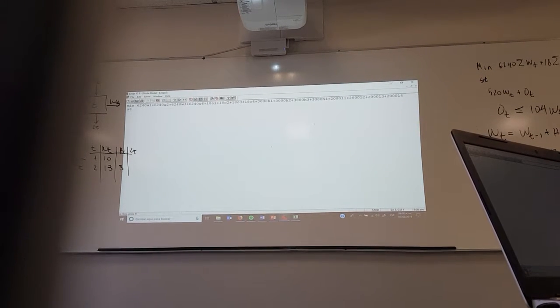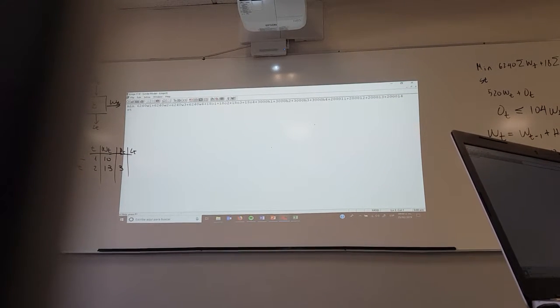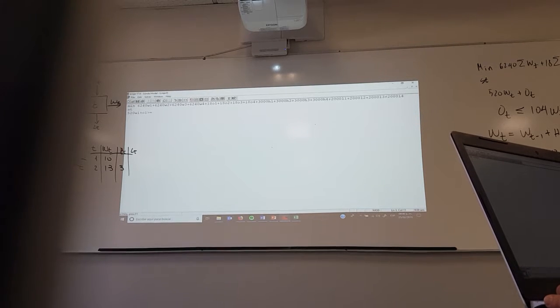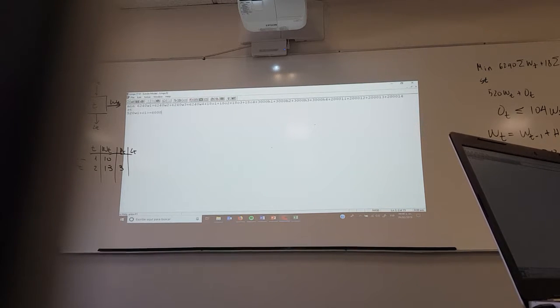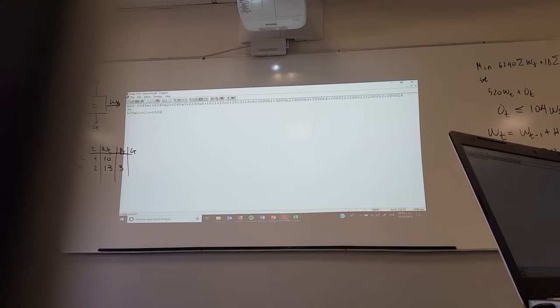The constraints, the first constraint, and you tell me what it is. 520 W1 plus O1 greater than or equal to demand 1. What is the first demand? 6,000. This is saying that we need to satisfy or exceed the demand of period number 1.